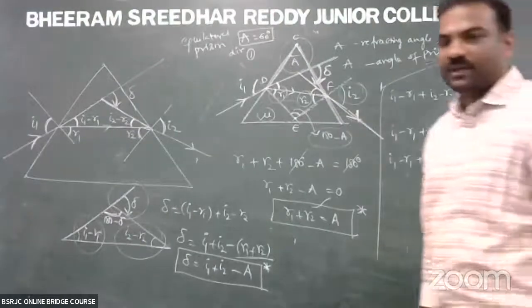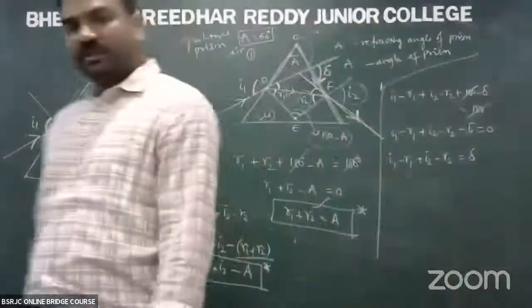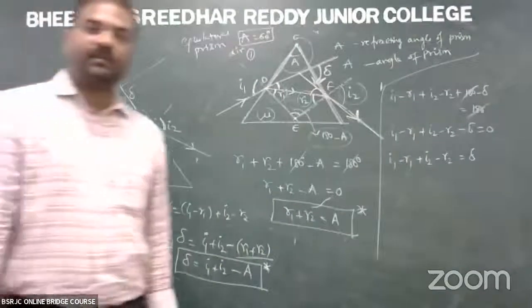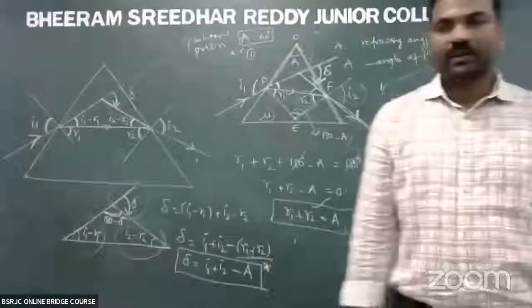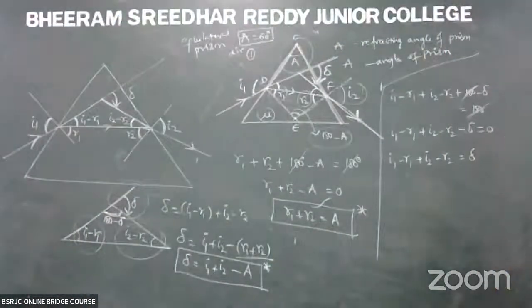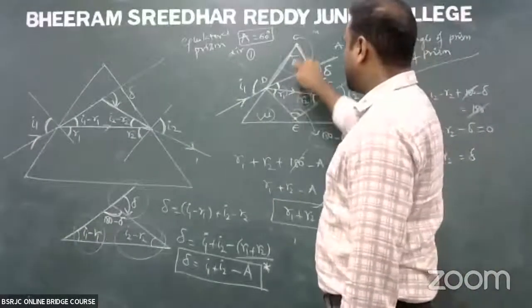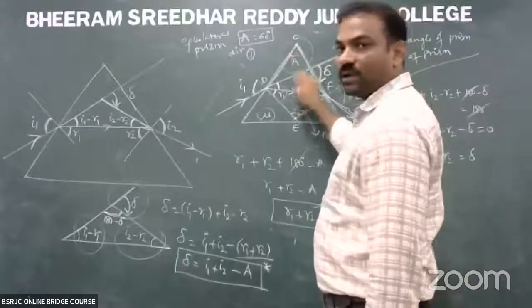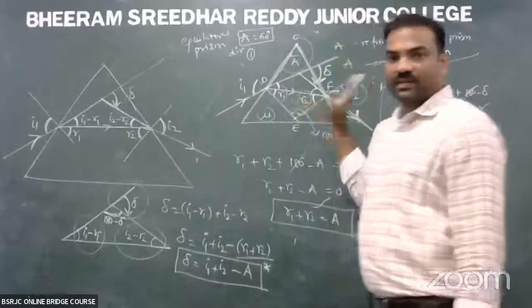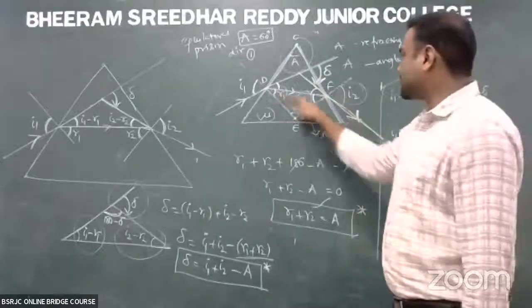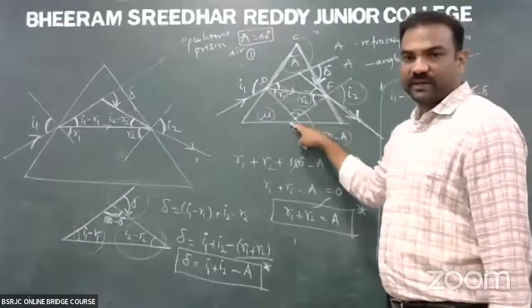Correct. If I1 is equal to I2, then deviation will become minimum. Minimum deviation will happen. Okay? So all of you see the angles. We are using two principles. One is the sum of opposite angles in a quadrilateral is 180. The other one is total angle in a triangle is 180.